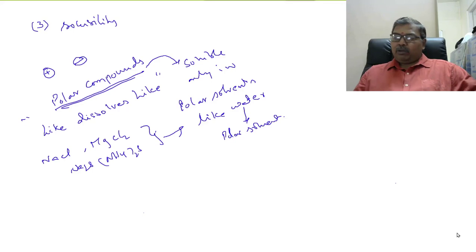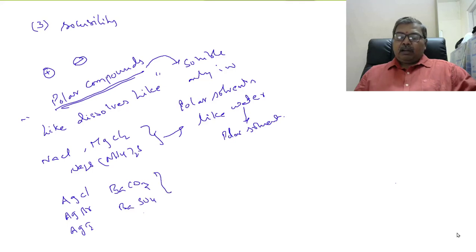These are soluble in water, but some compounds like AgCl, AgBr, AgI. In AgCl also Ag plus, Cl minus; AgBr, Ag plus, Br minus; Ag plus, I minus. These are ionic compounds. Not only that, BaCO3, for example, Ba2 plus, CO3 2 minus, barium carbonate, and barium sulfate, BaSO4, Ba2 plus, SO4 2 minus.